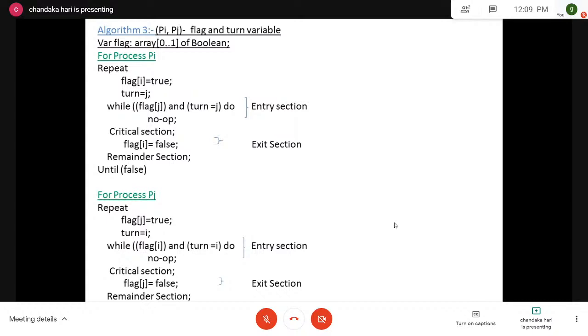Only one value can be held in a variable, so only one process can be allowed into critical section. There is no concept of infinite loop in this from theory. And now we'll see how to write the code for this.